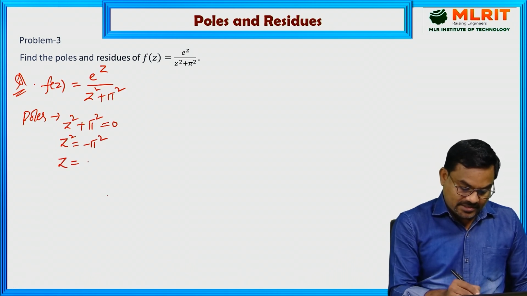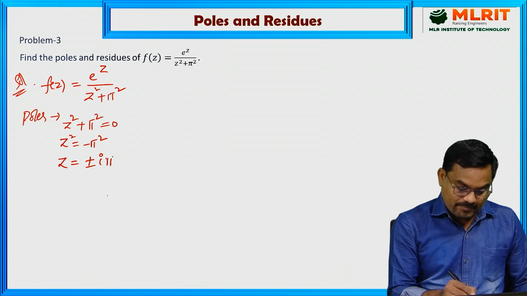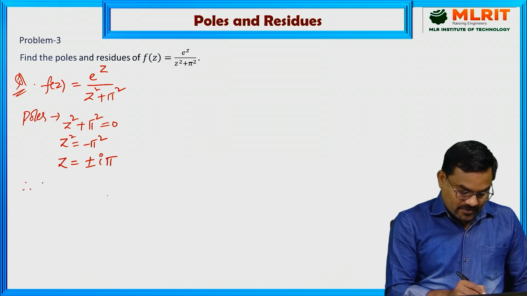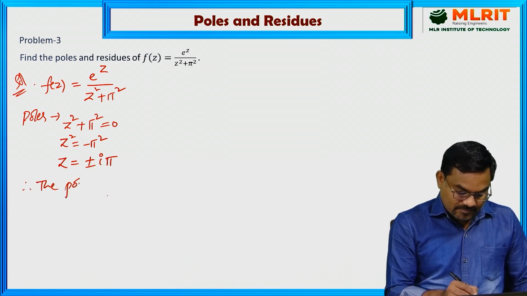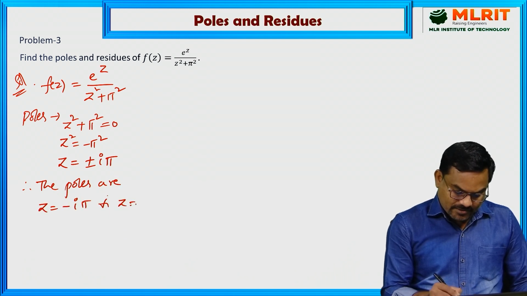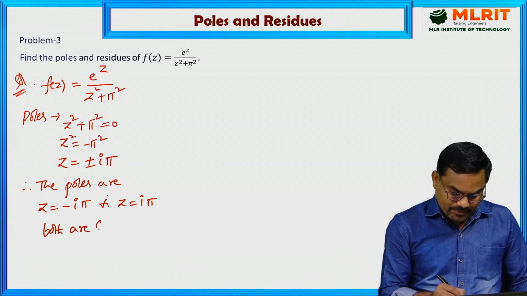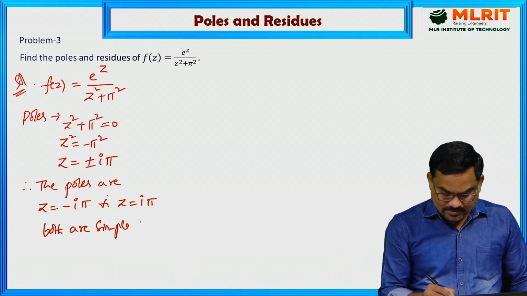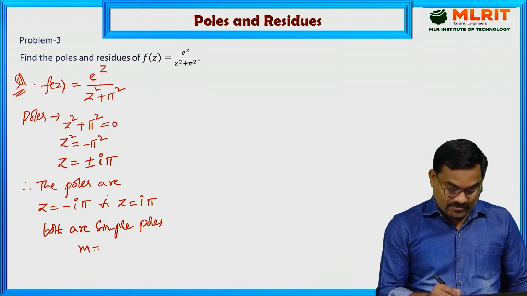So z is plus or minus i pi. So therefore the poles are z equal to minus i pi and z equal to plus i pi. Both are simple poles. That means m equal to 1.